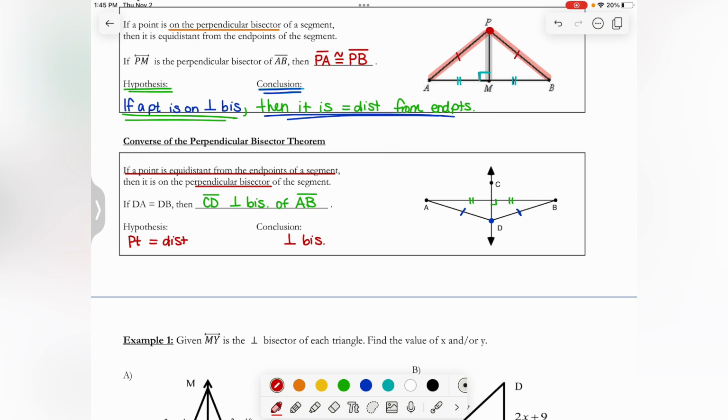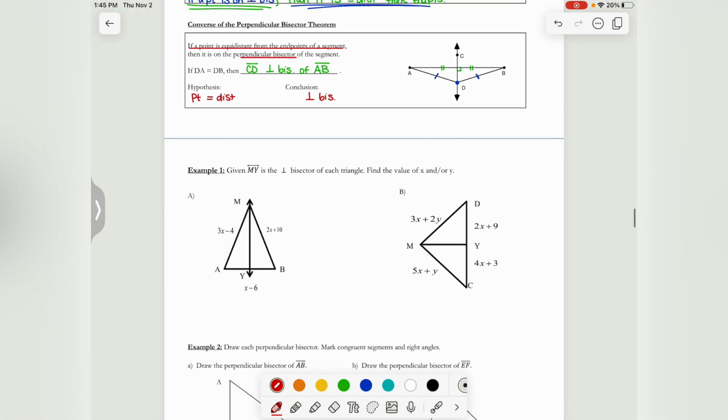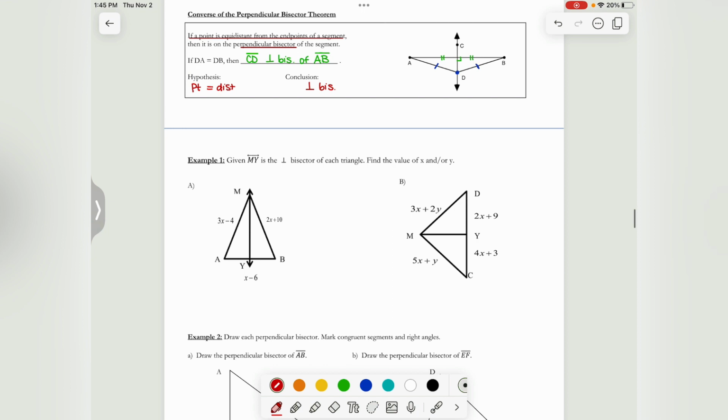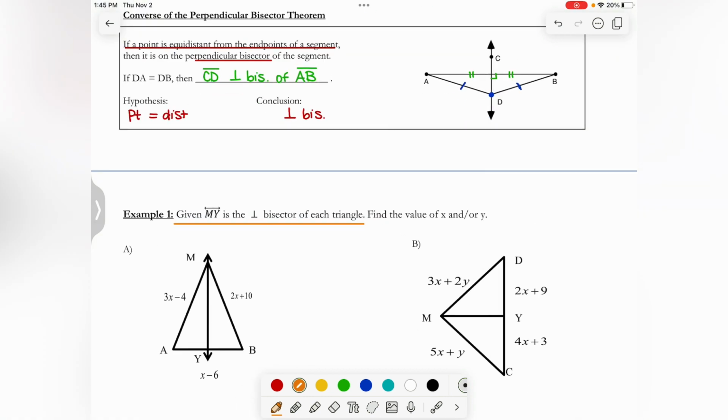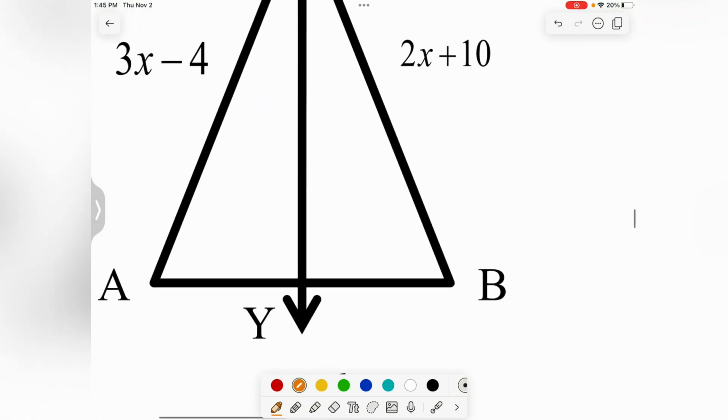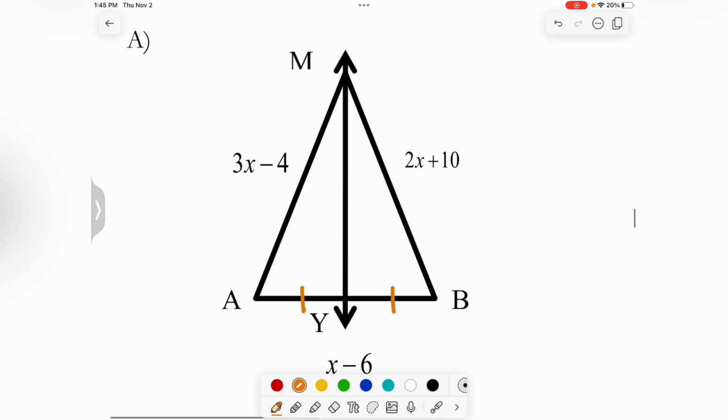Okay. All right, so here's a couple examples. Starting with example A, it says that given that MY is the perpendicular bisector of each triangle, then we want to solve. So we know that this is congruent to this because MY is a perpendicular bisector.